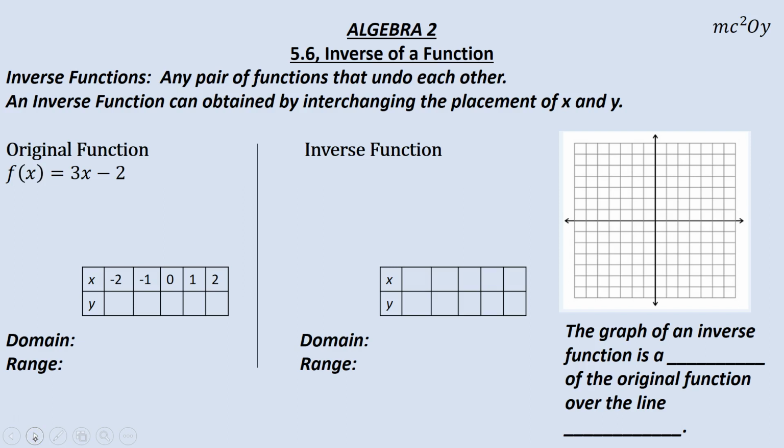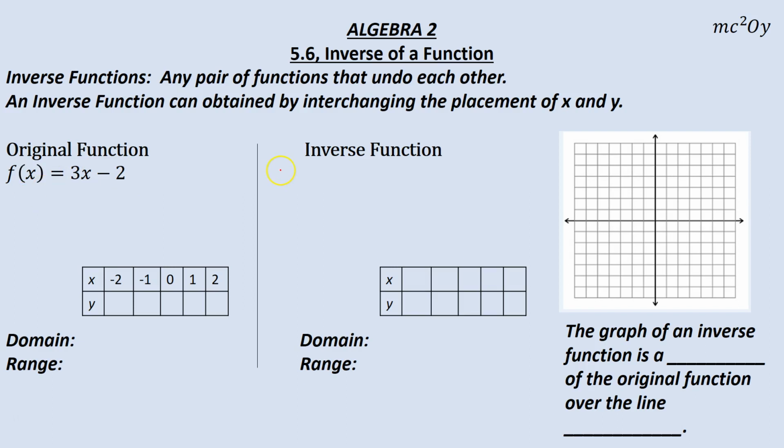Any pair of functions that undo each other are called inverse functions. An inverse function can be obtained by interchanging the placement of x and y. So I've already done the original function and finding the inverse, right?